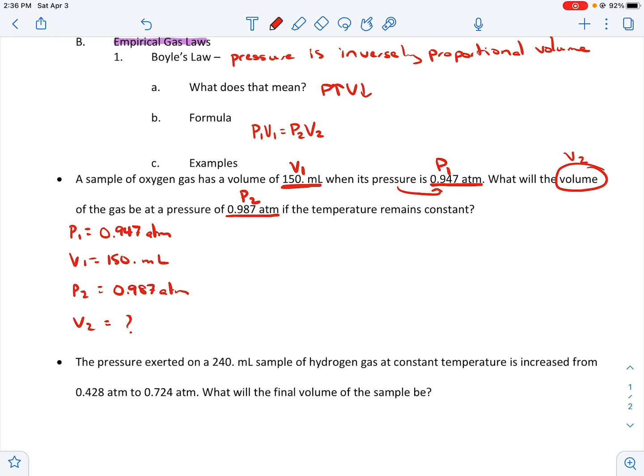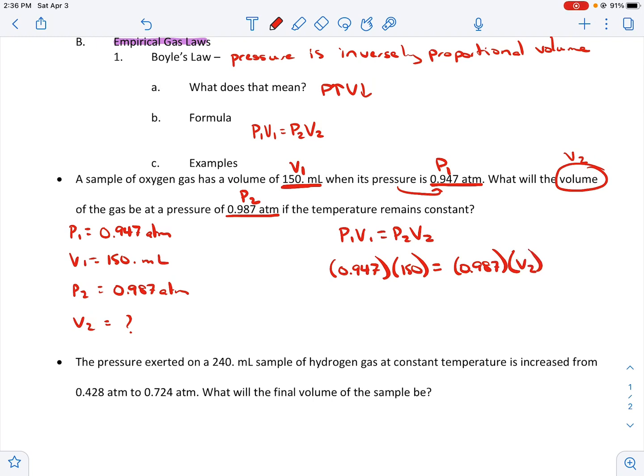So now we're ready to just plug it into our formula. And remember, our formula is P1V1 equals P2V2. All right, we've got P1, which is 0.947, times V1, 150, is equal to P2, 0.987, and then we've got V2, which is what we're looking for.